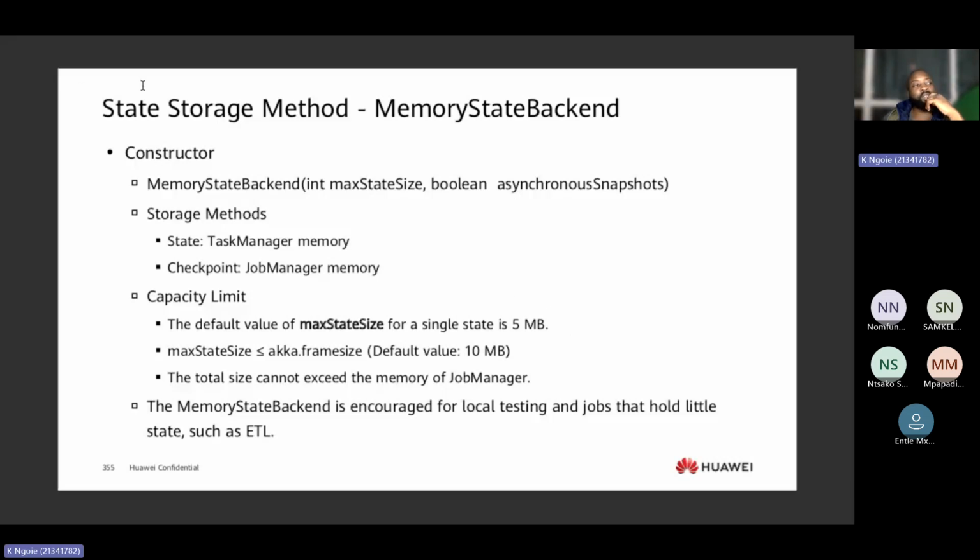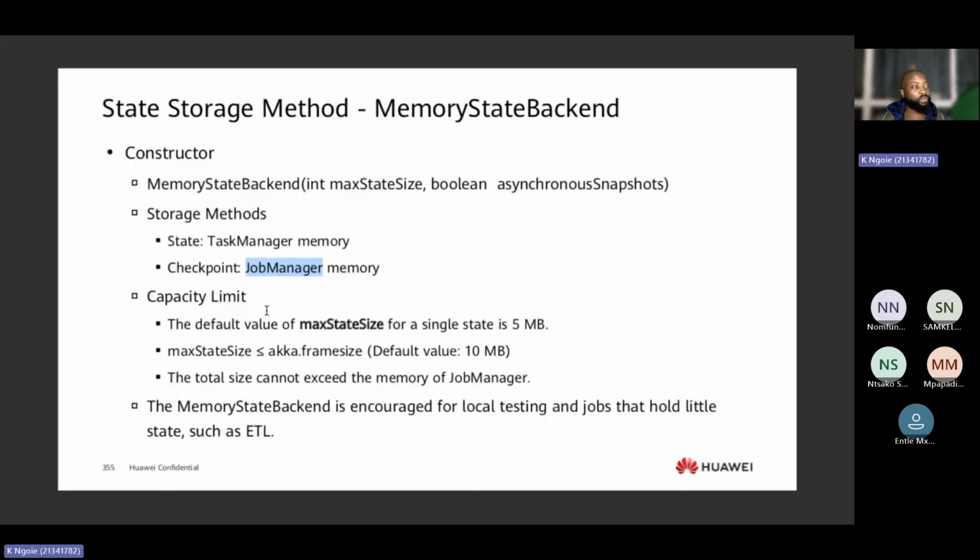Okay, so in terms of storing the data, we have a memory state backup. This is an example of how it's going to happen. The state will be stored in what we call the task manager. So the task manager will save the state, but the checkpoint will be stored in job manager memory.